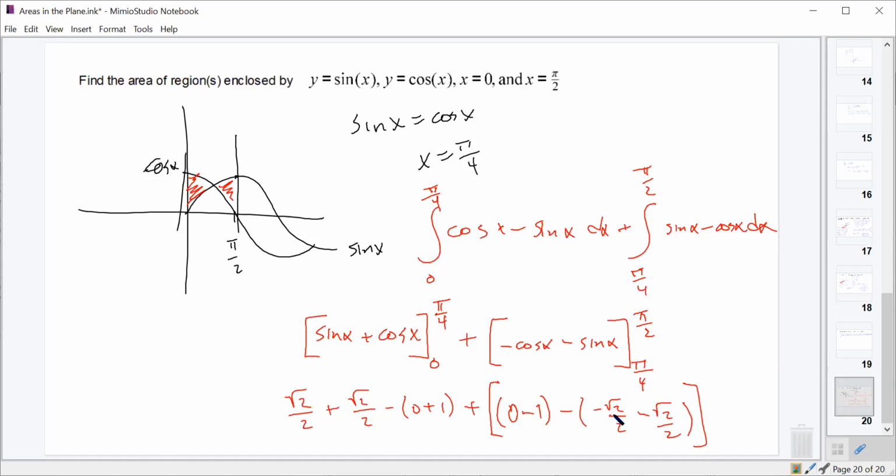And we've got another positive root 2 over 2 and another positive root 2 over 2, which is another root 2. So we got root 2 plus root 2, which would be 2 root 2. And then we got a negative 1 and another negative 1. So 2 root 2 minus 2 units squared. Good or no?